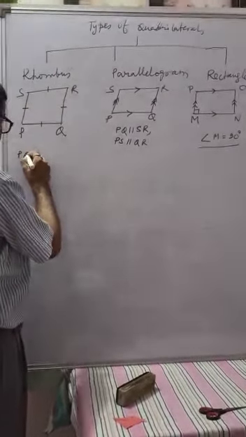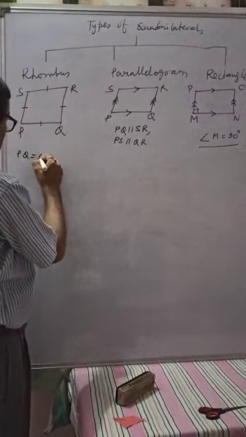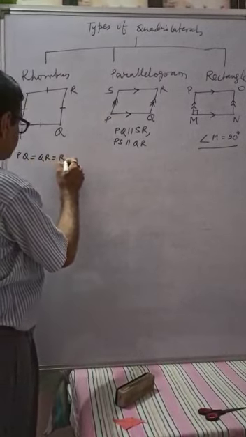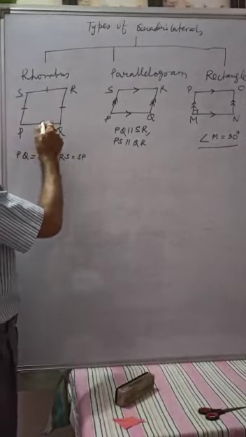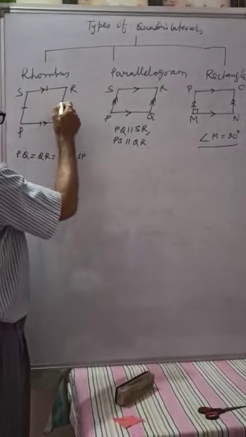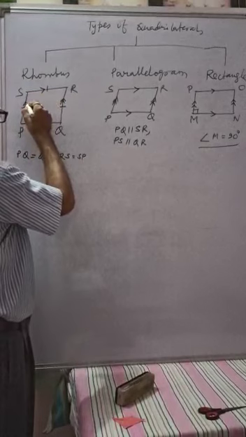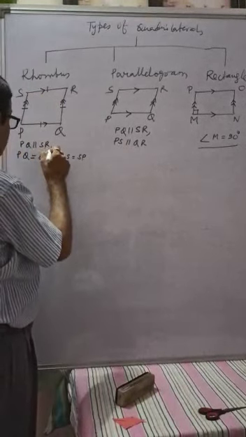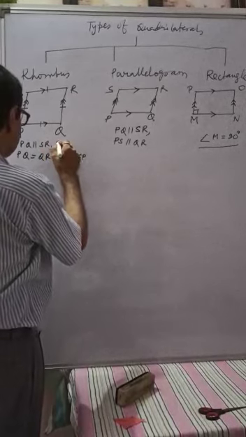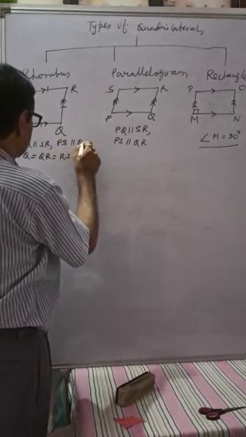So here all sides are equal, PQ, QR, RS and SP. And when it is a parallelogram, that means both pairs of opposite sides are also parallel. That means PQ must be parallel to SR and PS is parallel to QR.